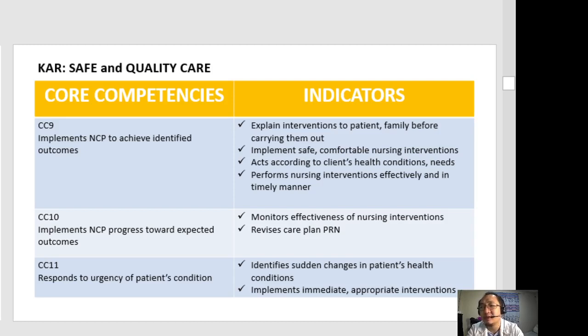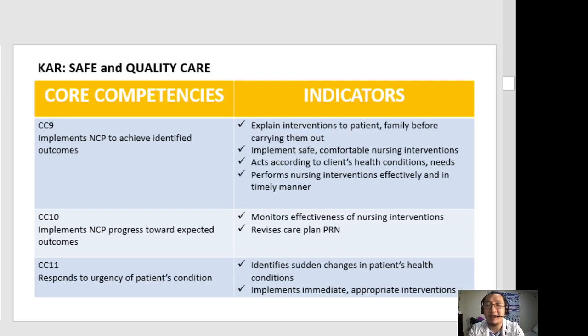So explain the interventions to the patient and the family before carrying them out. You orient them. That's one way of building trust with your client, always orienting them, giving them knowledge of what is going to happen and what is expected from them. Implement safe, comfortable nursing interventions, always a priority.